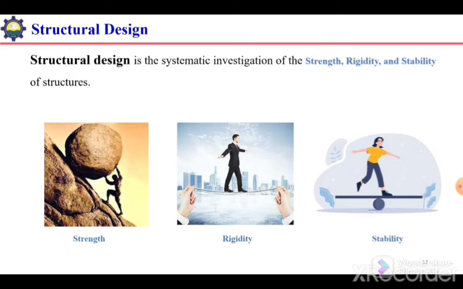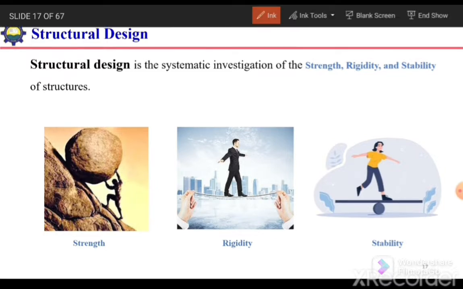So first of all, what is structural design? Structural design is the systematic investigation of strength, rigidity, and stability of structure. So when we are going to design a structure, we investigate these three things: strength, rigidity, and stability.